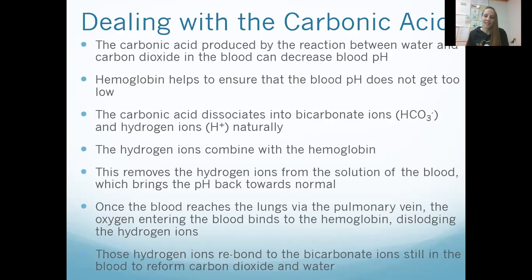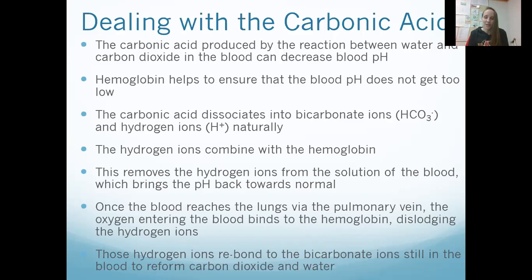That carbonic acid then obviously affects your blood pH. It's an acid, so it's going to lower your blood pH. And that happens because when the carbonic acid is in your blood, it naturally dissociates, like most acids do in solution, into bicarbonate ions and hydrogen ions.